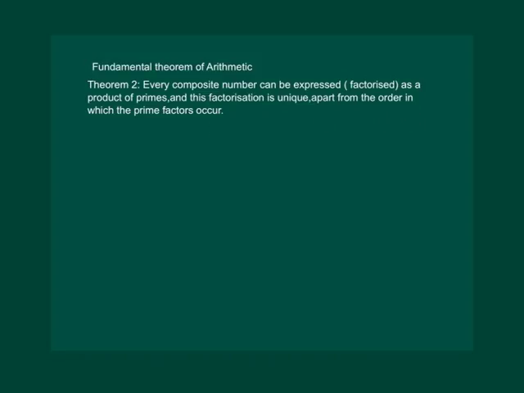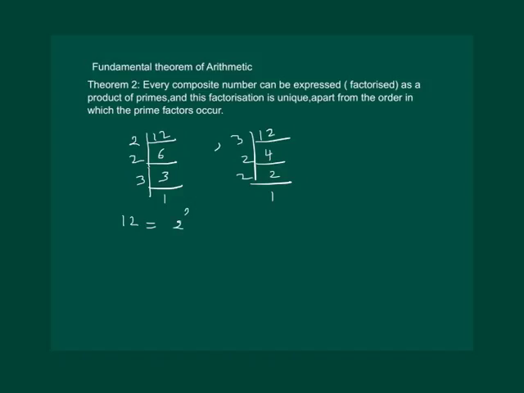Apart from the order in which the prime factors occur means, suppose I am factorizing 12. I can start with 2, or I can start with 3. Whichever way I do, 12 is equal to 2 square into 3.